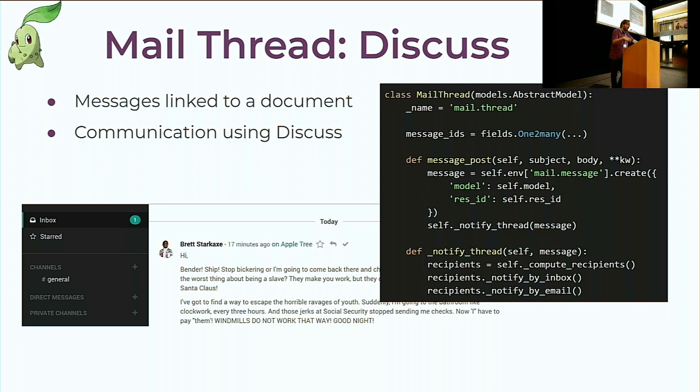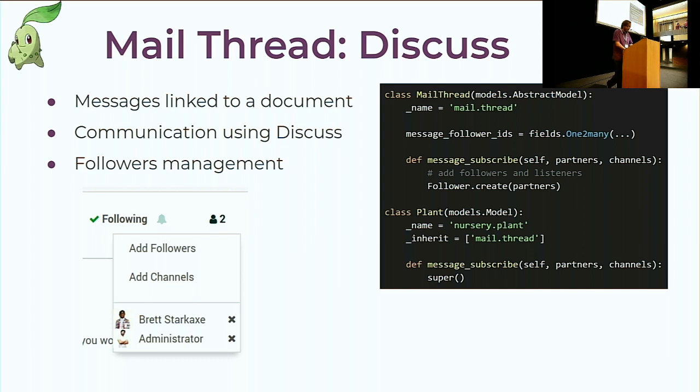So basically it creates the message and then it notifies people, by the inbox for people that work inside Odoo, or by email. An example of improvement that we made this year is that with the SMS application, you also have the SMS notification mechanism that is added, and it's done using inheritance.